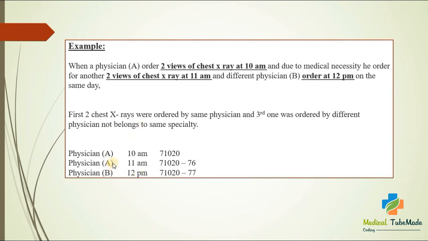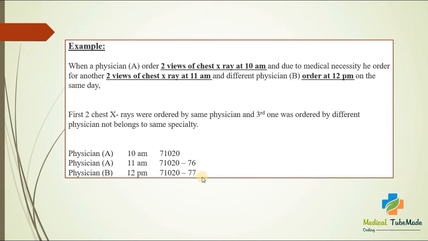So for the first two, the same physician, we use modifier 76 with the second line item. The third was ordered by a different physician not belonging to the same specialty, so we need to use modifier 77 with the third line item.